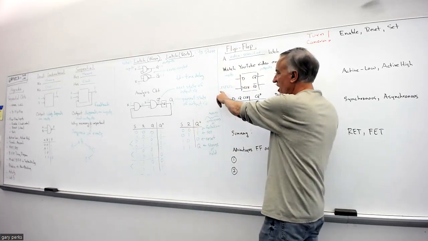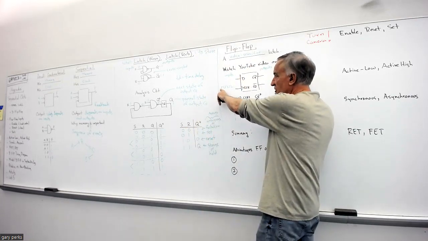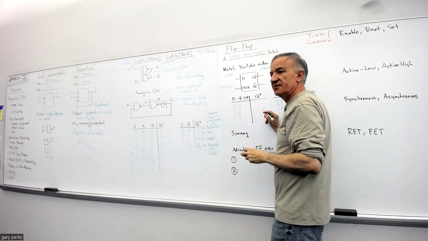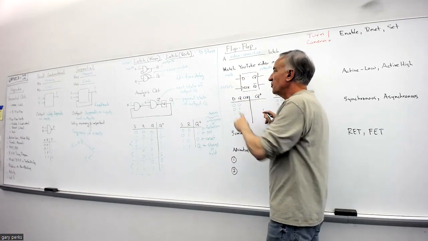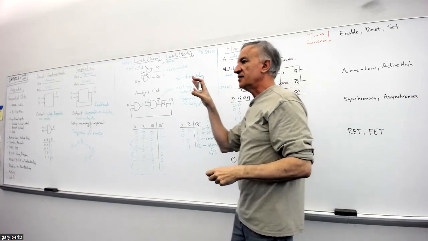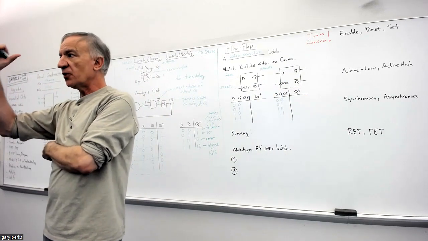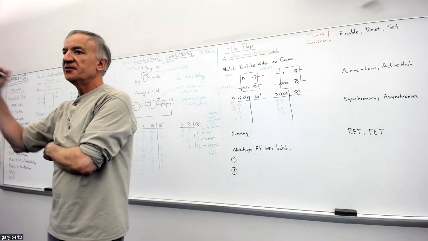What I mean by periodic is that it's low the same amount of time as it is high, and it just keeps repeating. So the term clock in digital circuits is referring to a square wave signal that's periodic.